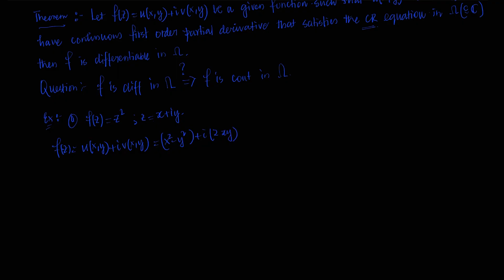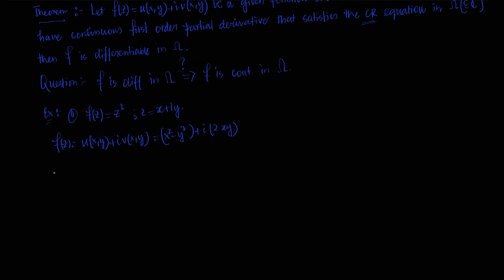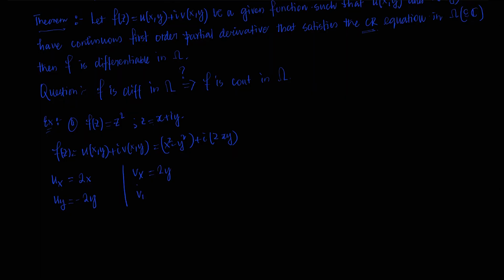Clear? We already know it is differentiable, but I am going to see if the theorem also holds. The theorem says it has to have first order partial derivatives. In this case, ux is 2x, uy is minus 2y, vx is 2y, and vy is 2x.